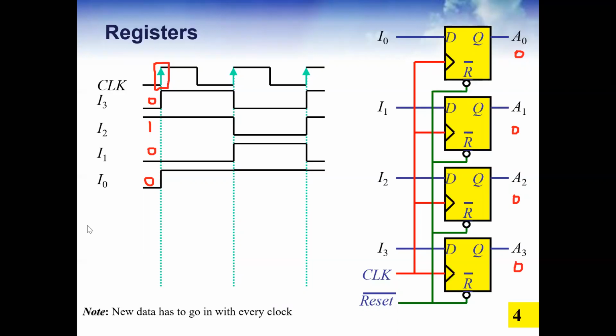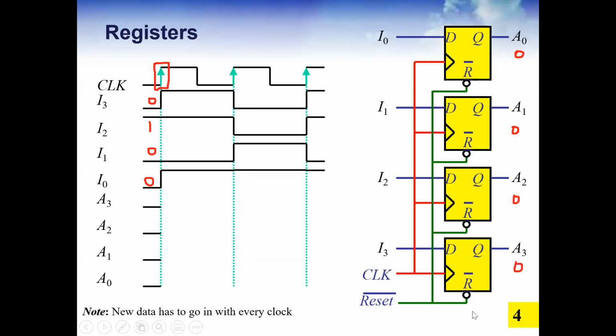So let's see now, these are the outputs, A0 to A3, and initially all are 0, 0, 0, 0. So what will happen at this trigger? I will explain with the help of this diagram. This is the triggering here. At this moment, what will happen, girls?